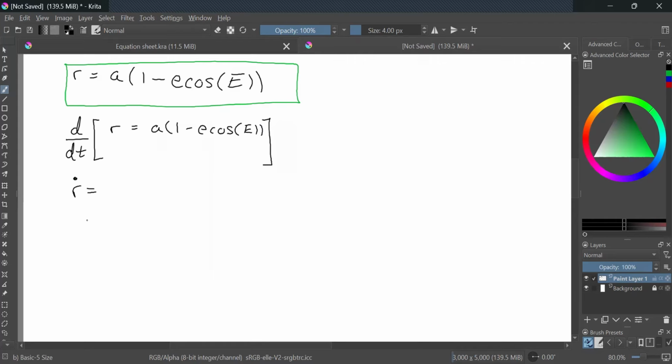A does not change with time, but it's a coefficient, so we'll leave that out here. 1 is a constant, that goes to 0. I'll leave some space, times E.